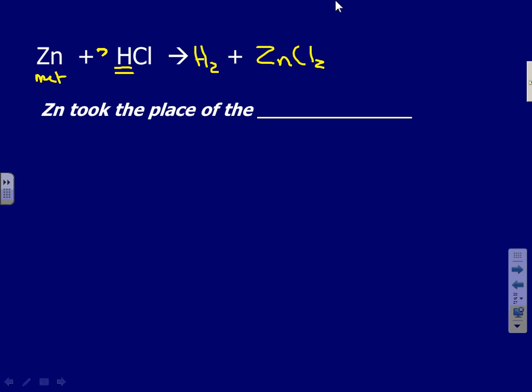HCl, a 2 in front of the HCl. So 1 zinc, 2 H's, 2 H's, 2 Cl's. Very good. So that brings together kind of all of our skills in determining that one. The zinc took the place of the hydrogen, all right, because it was working as a metal.